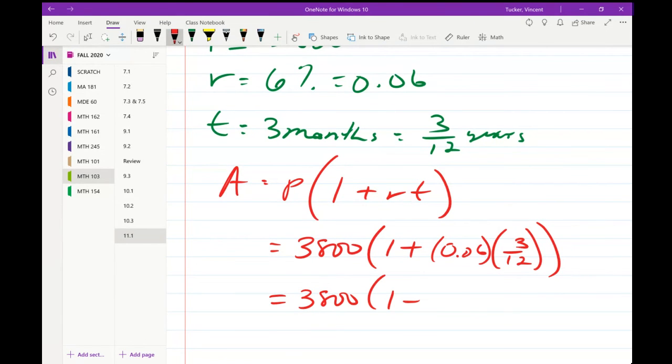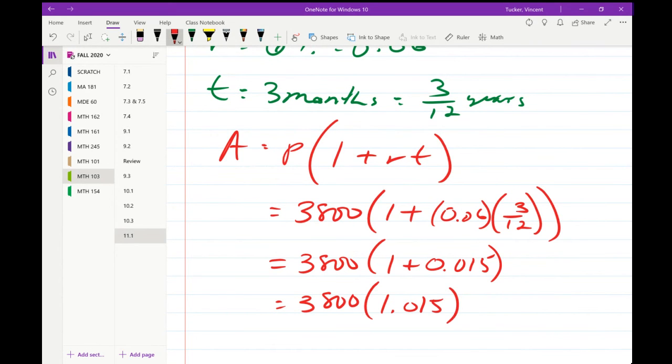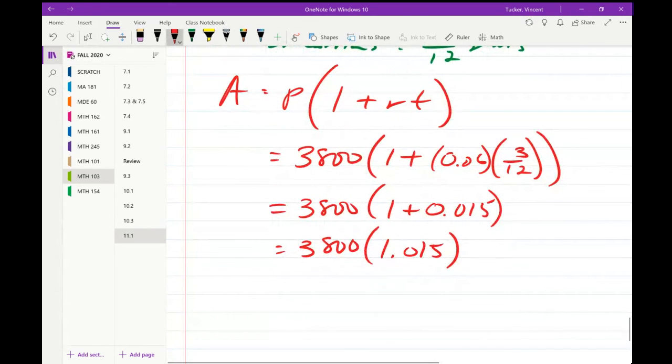If you want to do it in a few steps, 0.06 times 3 over 12 is 0.015. Let's see, what's that here? All right, just making sure. And 3,800 times 1.015, and that would be 3,857.